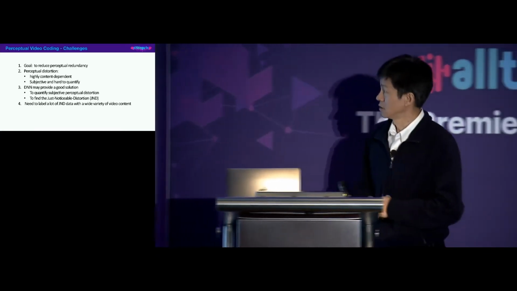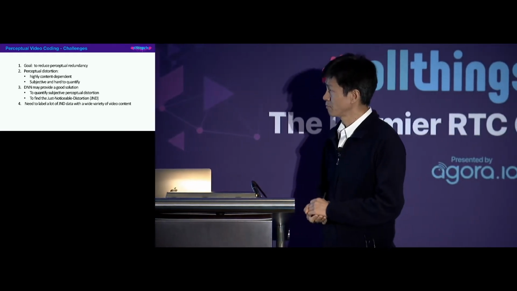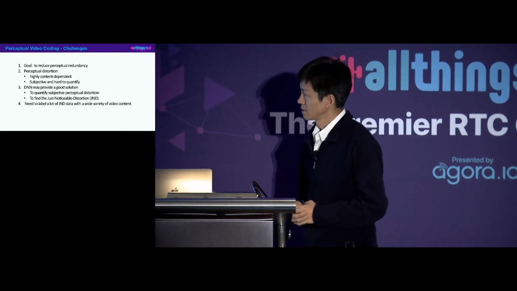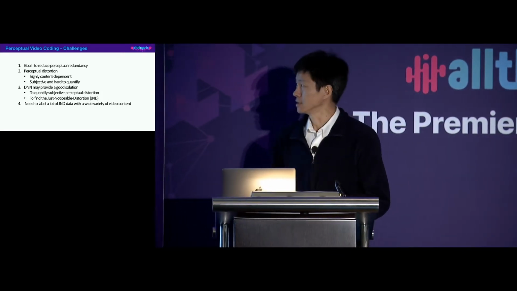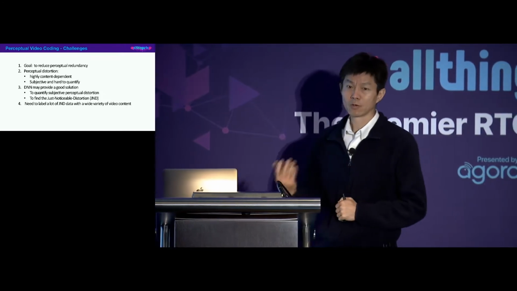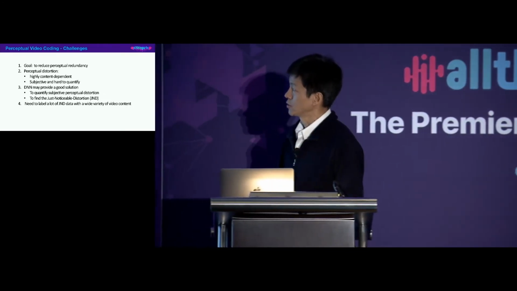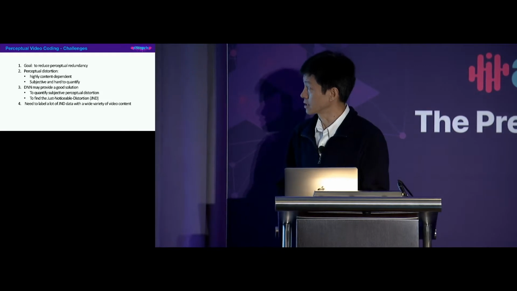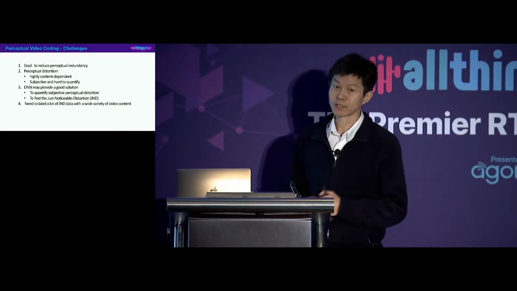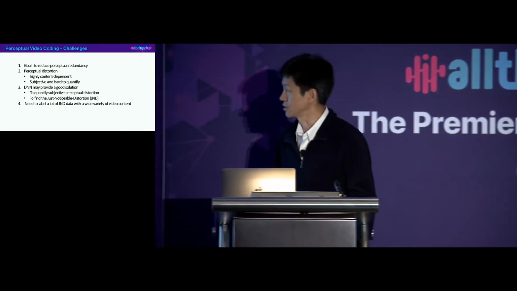So perceptual video coding has since been researched a lot in the industry and in the research community. Now the goal becomes to reduce the perceptual redundancy instead of the PSNR or traditional rate distortion optimization.